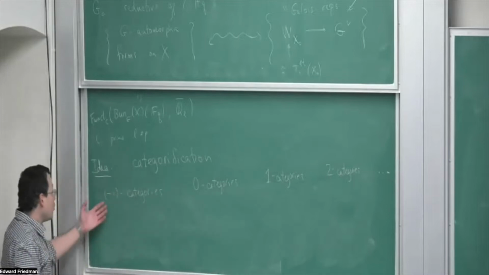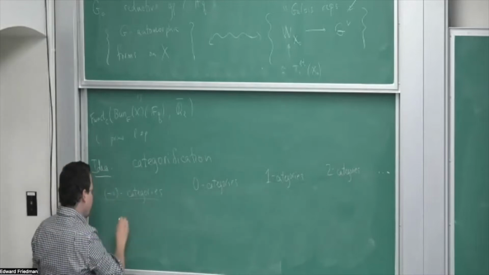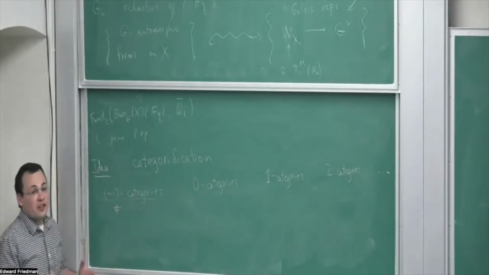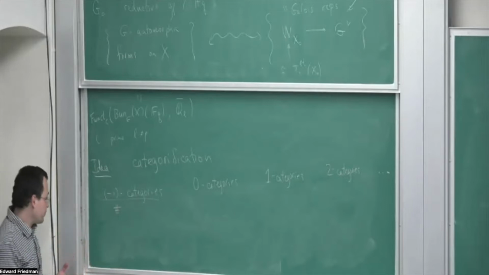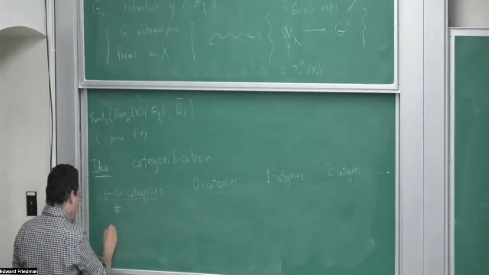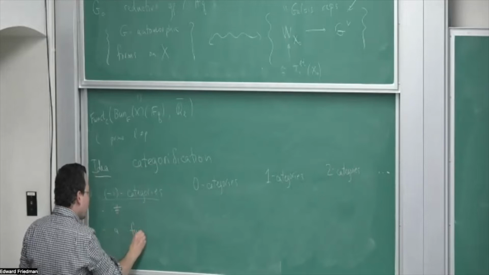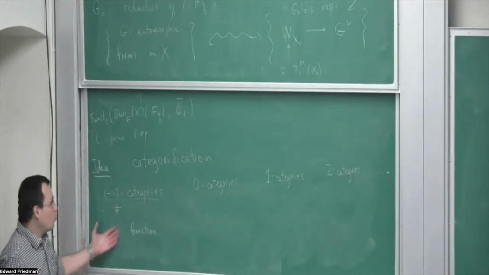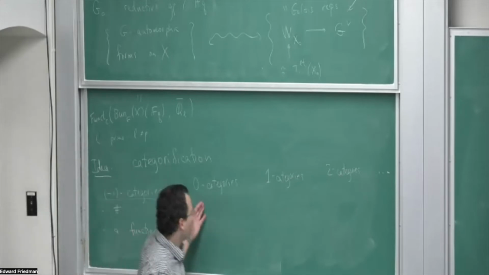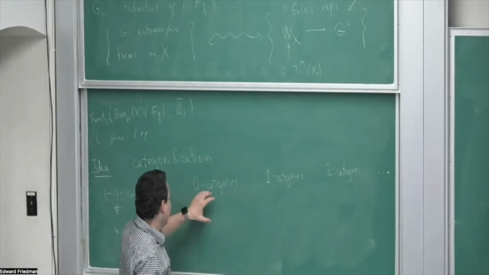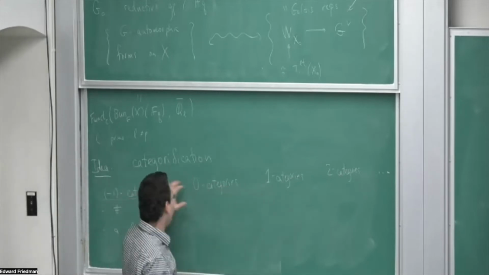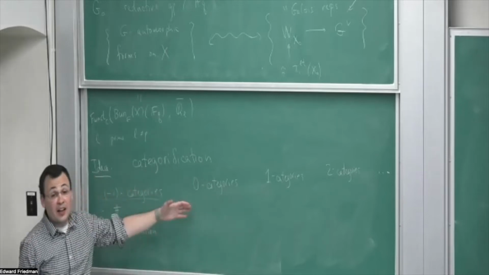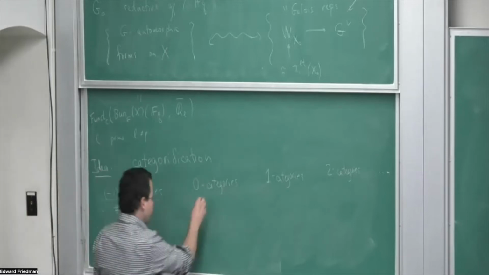And hierarchy. So what do I mean by -1 categories? I mean like a number is a -1 category. A single number or a single function regarded as a -1 category. So the way these are related is that an element of each previous one can be thought of as an element of the next one.